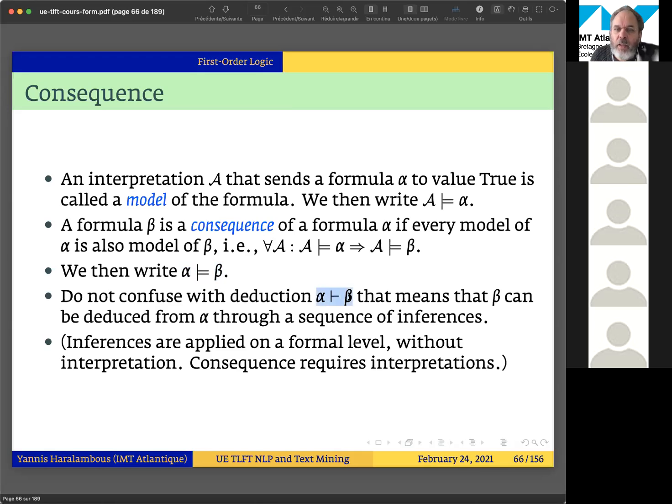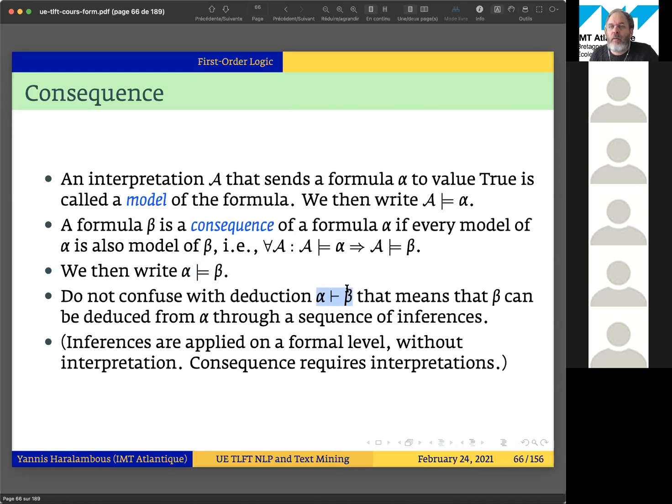This one means that beta can be proven out of alpha by a sequence of inferences. Here we are in the abstract world. So here we are in model theory, here we are in abstract theory. But it has been proven that for first order logic, these two are equivalent.